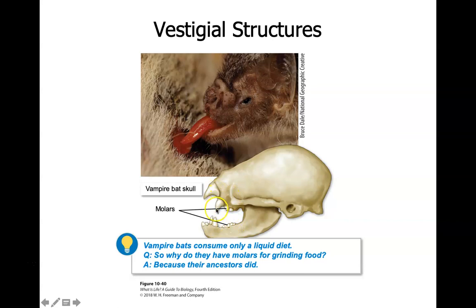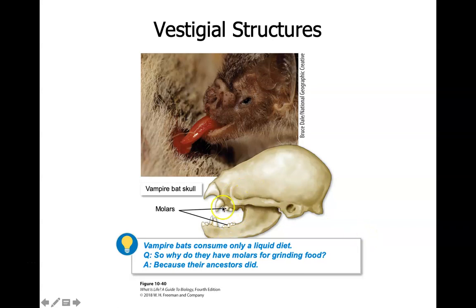So they use these sharp incisors on the front to bite the animal that they are preying upon, and then they use their tongue to lick the blood. I know that's kind of gross. So these molars basically aren't doing anything because their entire diet is liquid blood.